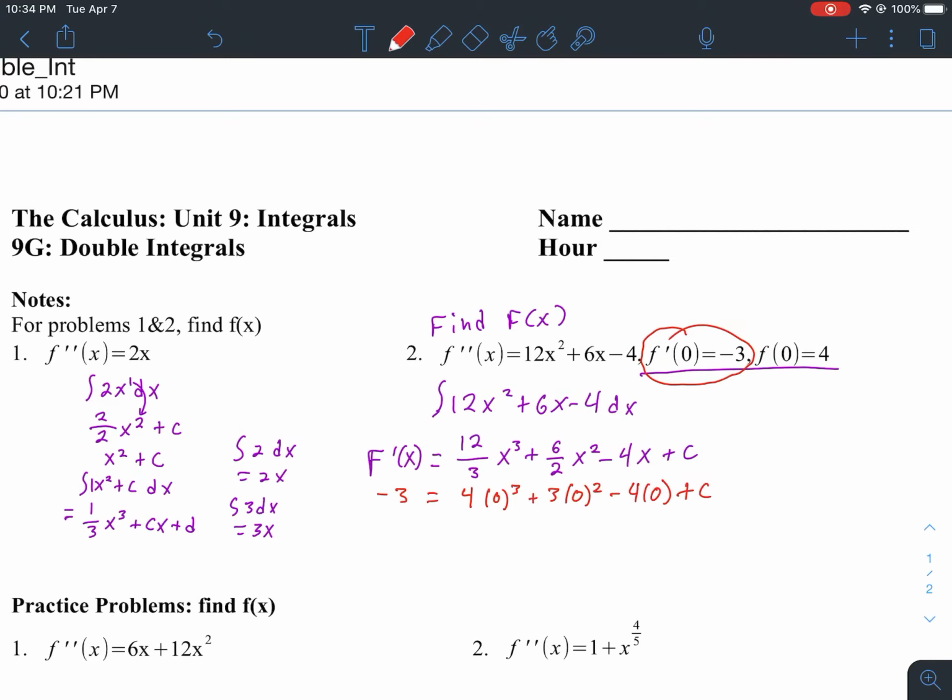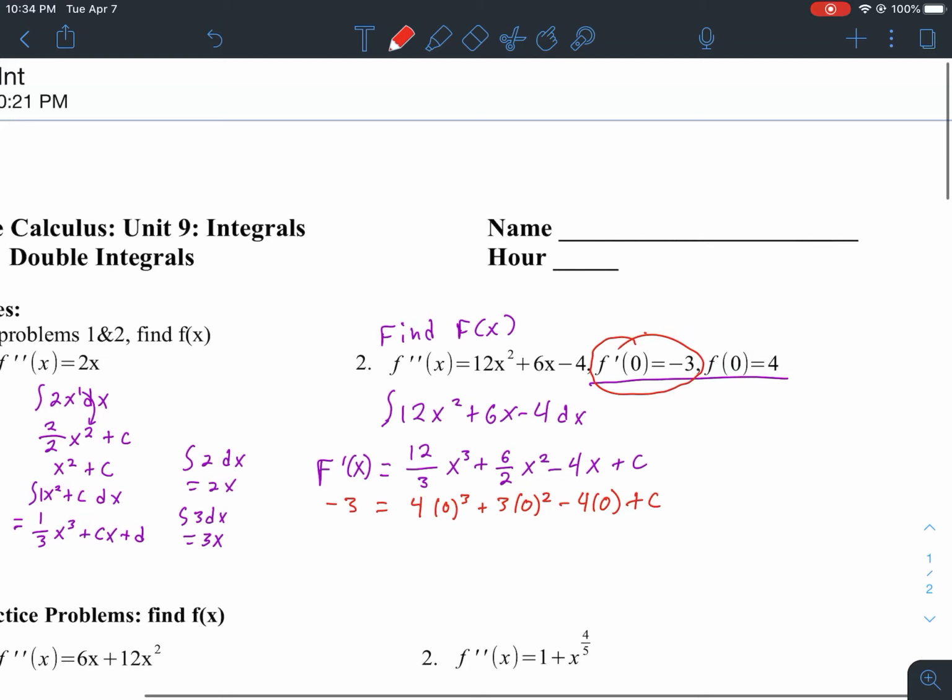Oh, that information helps me figure out what c is. I couldn't figure it out before, but if they tell me something like this, now I can figure it out. That's pretty satisfying.